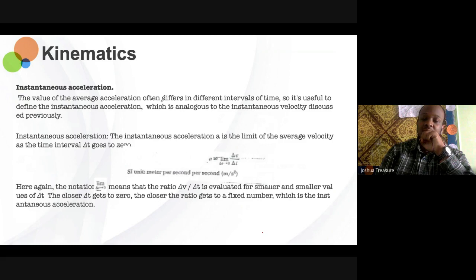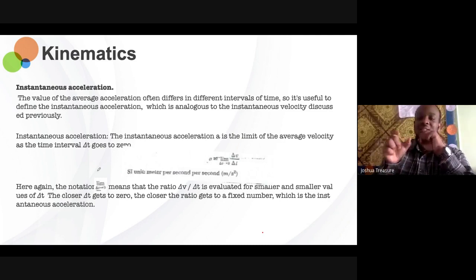All right. So instant acceleration. This is a very technical definition. It is the limit of the average acceleration as the time interval delta t goes to zero. As you will never find delta t being zero, but you find it going closer and closer to zero, meaning it will be so small that we call it zero.